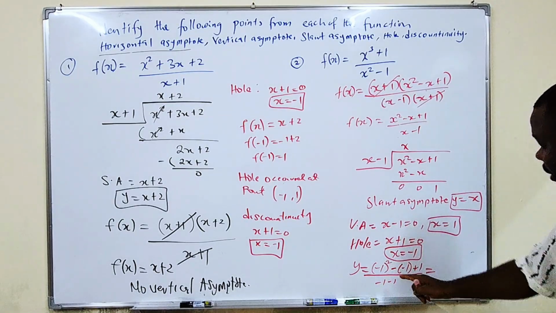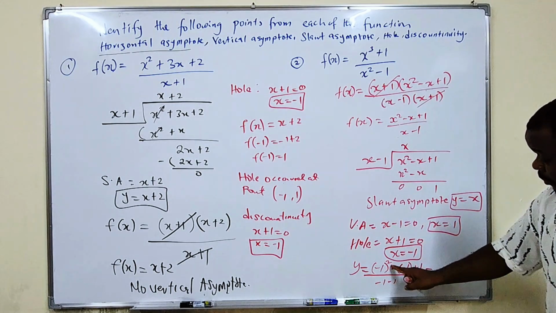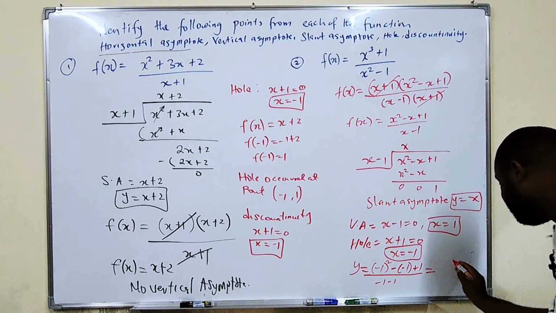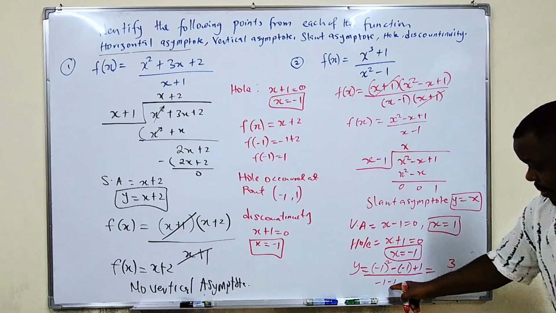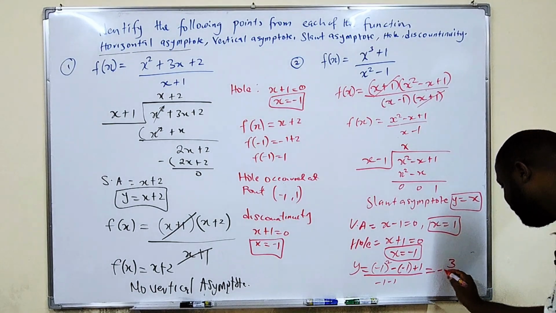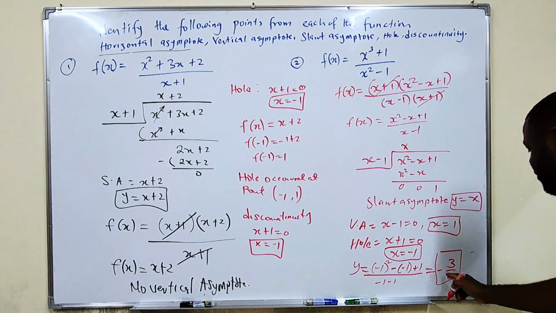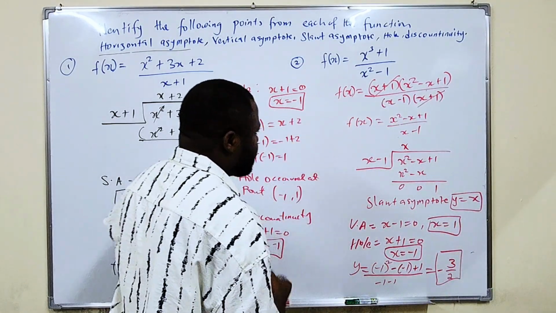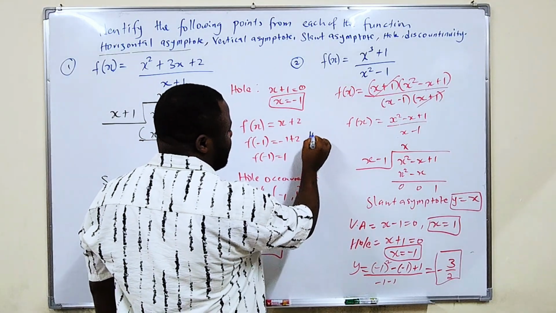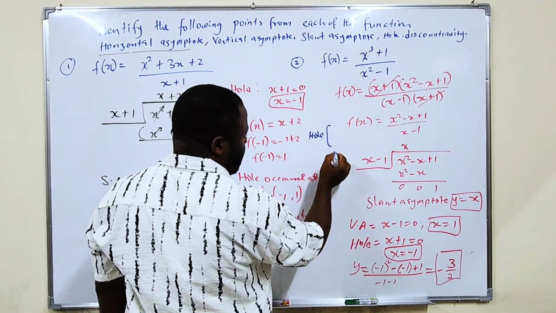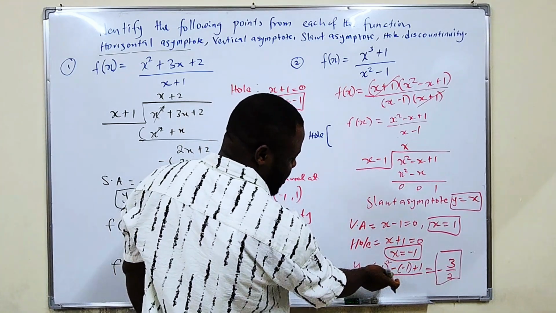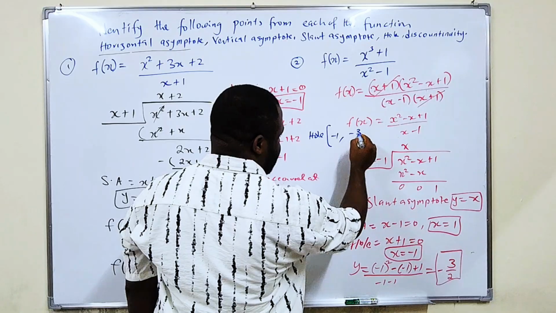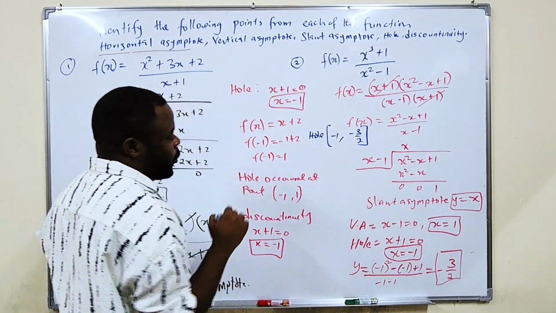Negative 1 squared is going to give me 1, plus 1 is 2, plus 1 is 3. Negative 1 minus 1 is going to give me negative 2. So for my y, I have negative 3 over 2. So the hole has x equals negative 1 and y equals negative 3 over 2.